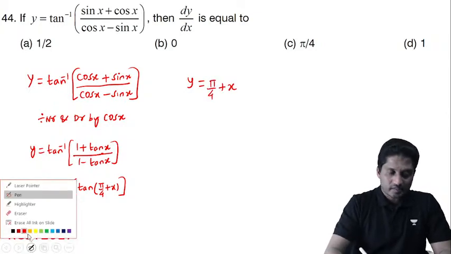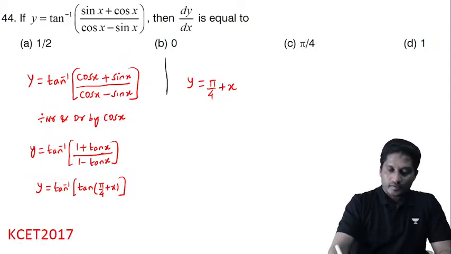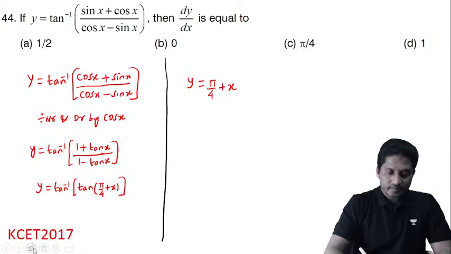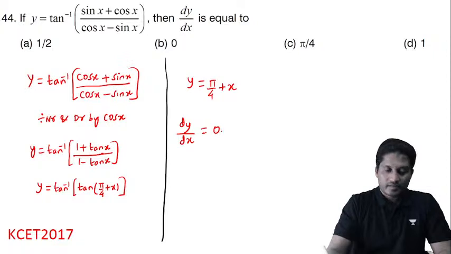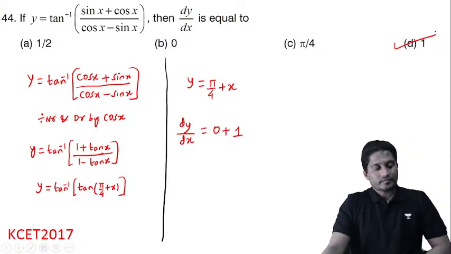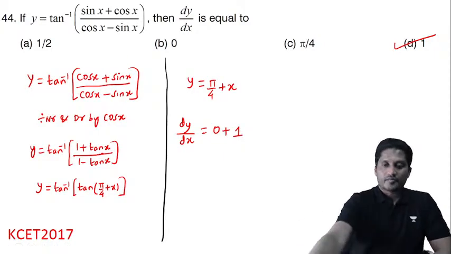Okay, now if I differentiate, dy by dx is equal to, differentiation of pi by 4 is 0, right? Differentiation of x is 1. Answer will be option D. Right, let's move to the next question.